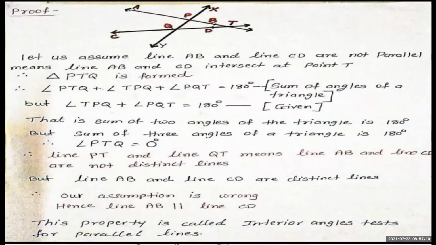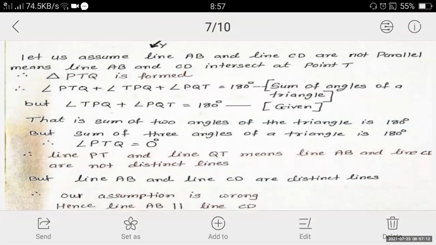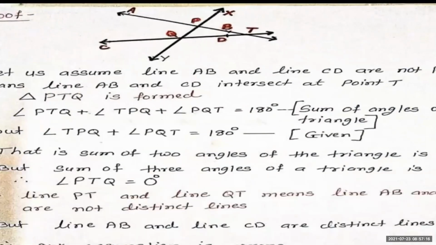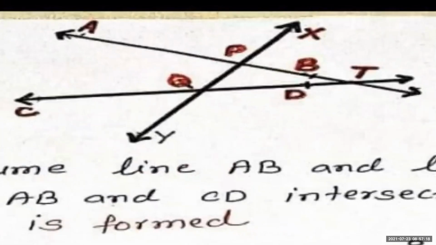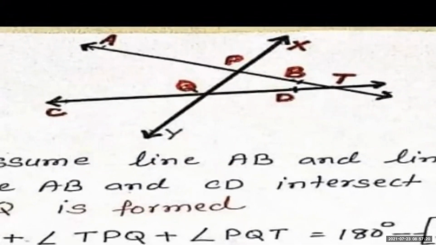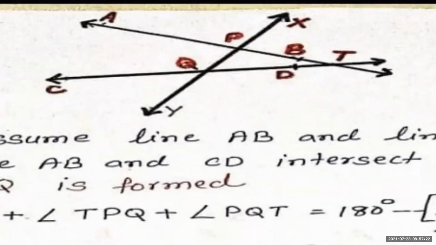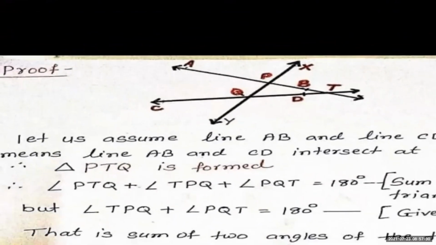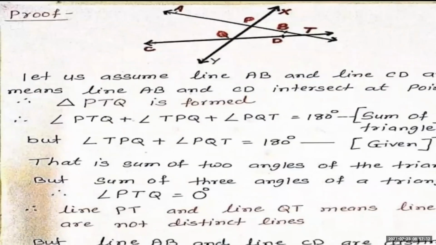Now, here is the proof for it. Here is a little bit of construction; we change the diagram as it is an indirect type of proof. So we have to assume, see the first line here.